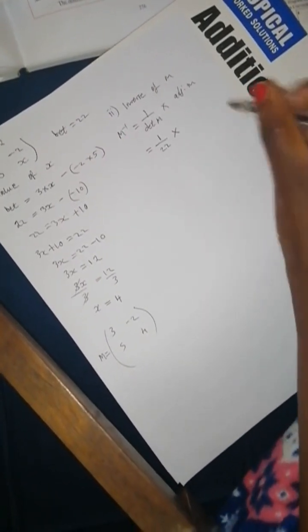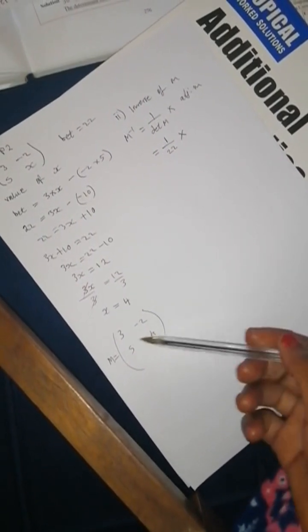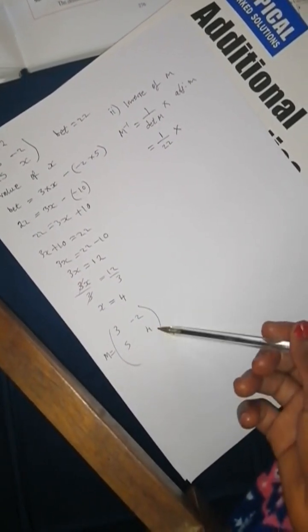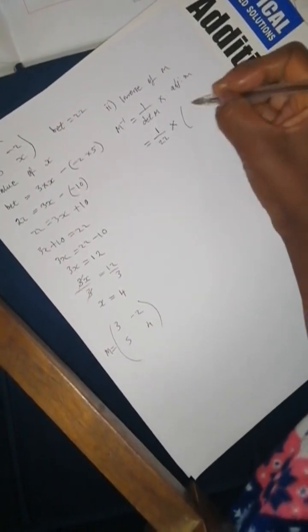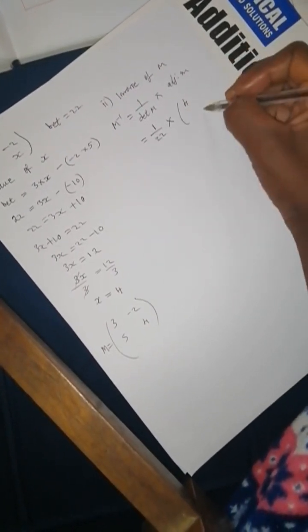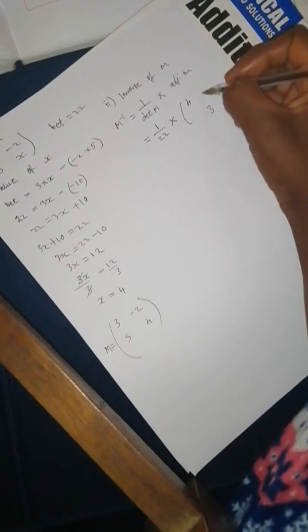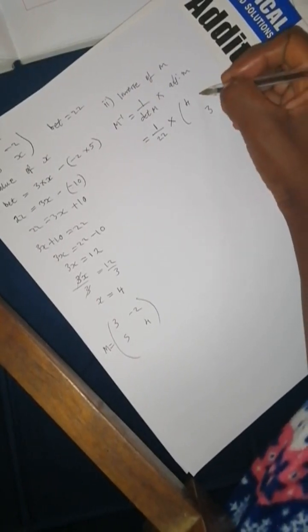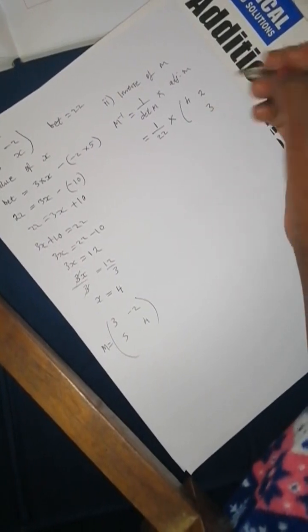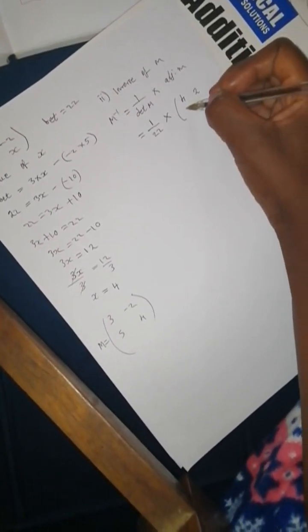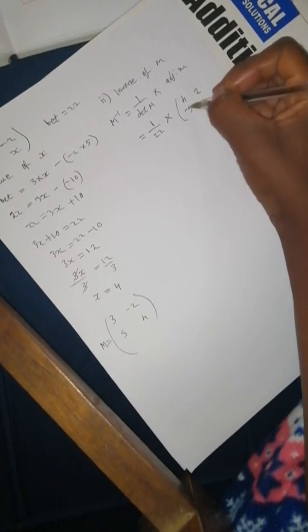Then times adjoint of M. So matrix M is 3, -2, 5, and 4. The adjoint will be, we swap these, so we'll have 4 there, then 3 there, then -1 times -2 giving us +2, -1 times +5 giving us -5.